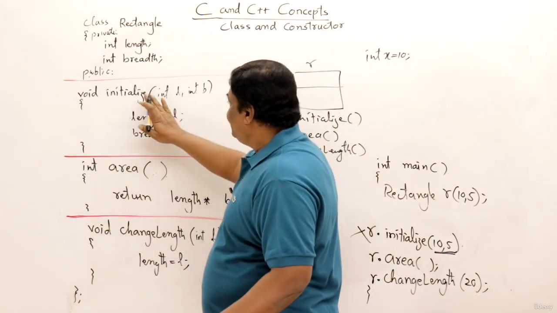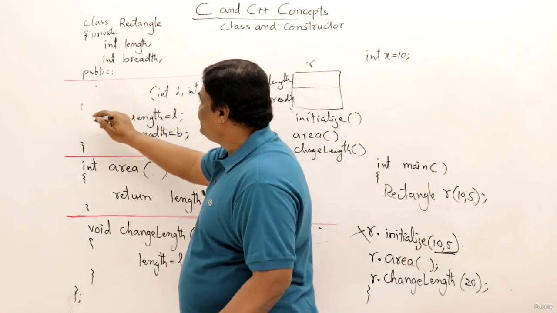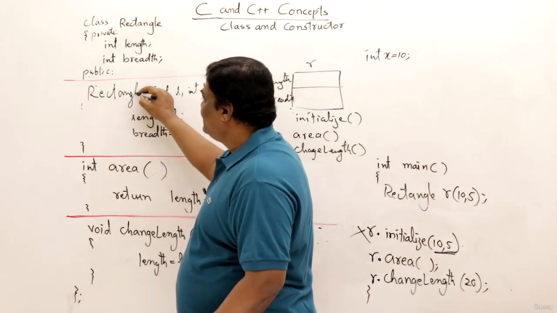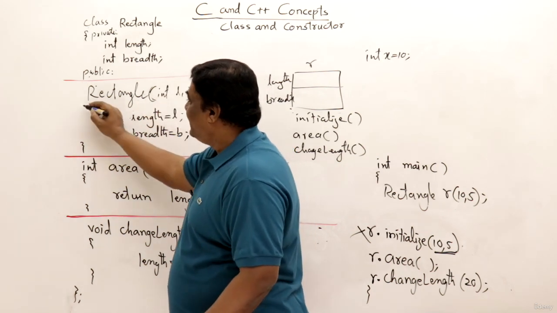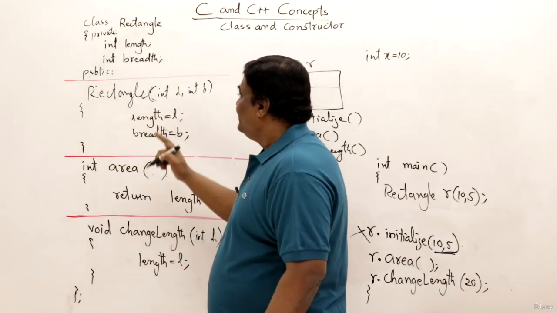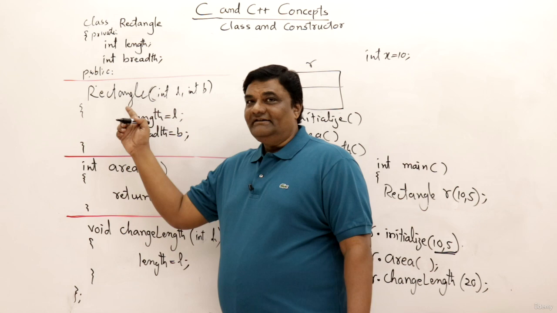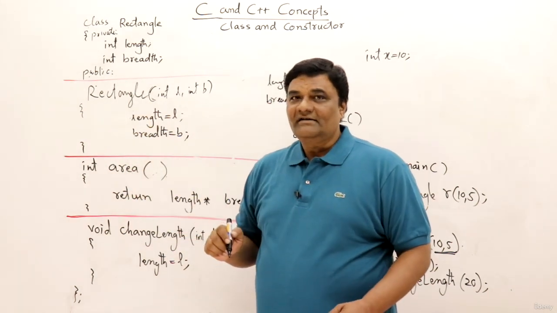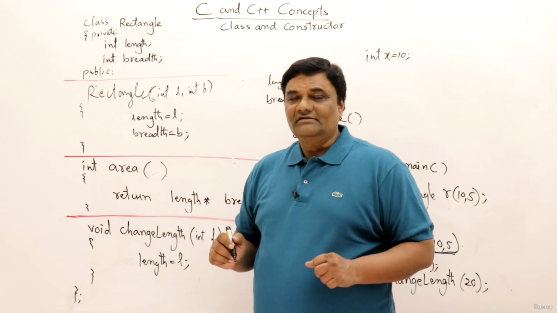So yes, same initialize function, I will change the name. I will call it rectangle. What is this? This is the same as the class name and no need of void or anything. Just write the class name. This has the same name as the class name, so this becomes a constructor. Yes, this is a constructor.